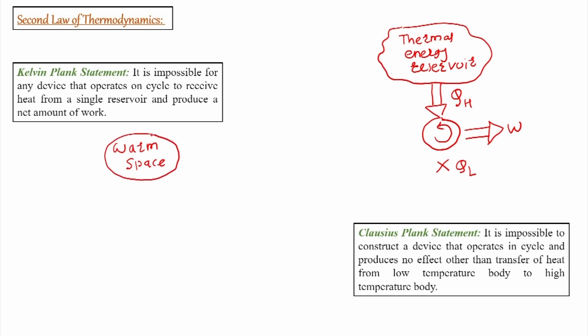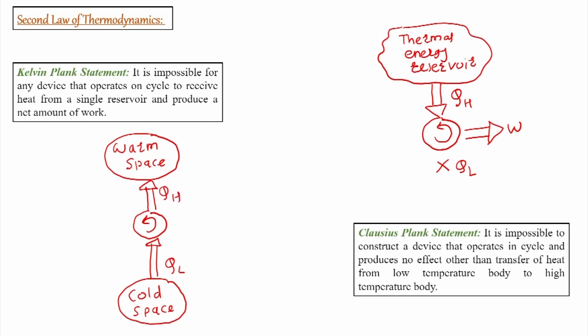and there is a cold space, and between these two spaces there is a system which is undergoing certain cyclic changes, and as an effect of those changes, it is taking QL amount of heat from the cold space and putting QH amount of heat into the warm space, but it doesn't interact with the surroundings or anything and gets no work input.